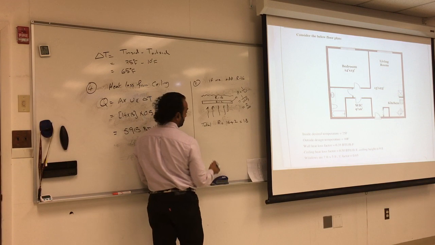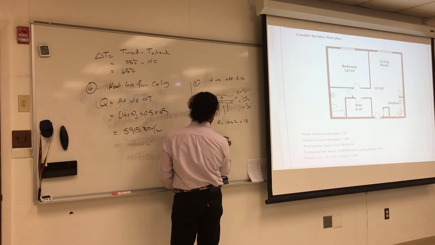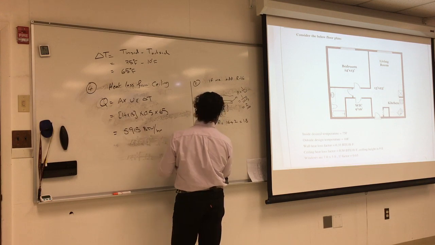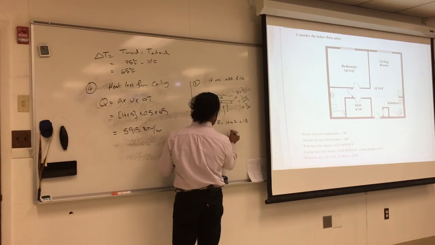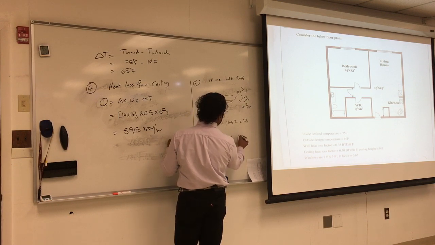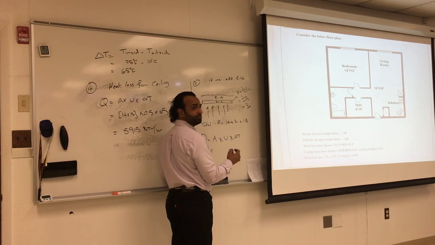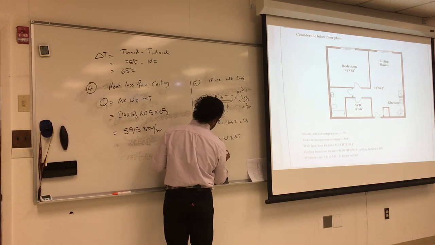Fantastic. So now I want to go to my equation. Q will equal area, not going to change, times the factor here, which is U, times delta T. Area is 13 times 14. What is that, 182? Yeah, 182.